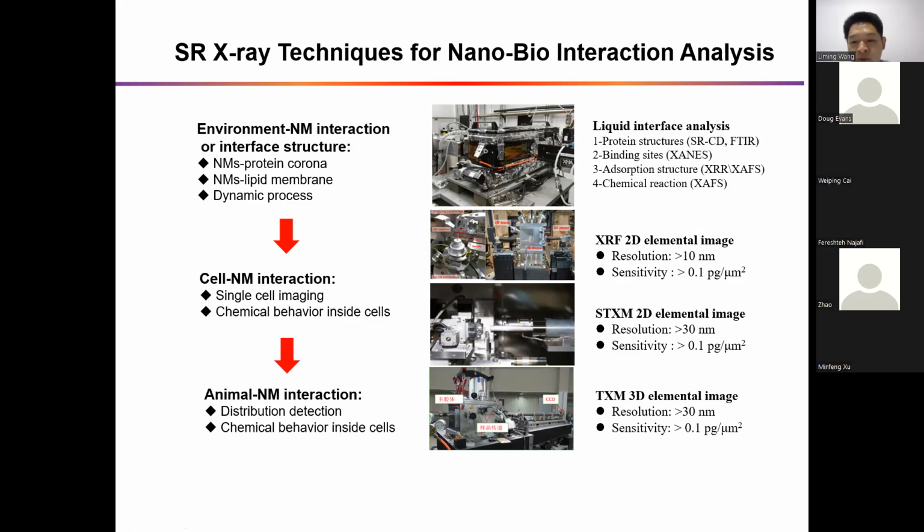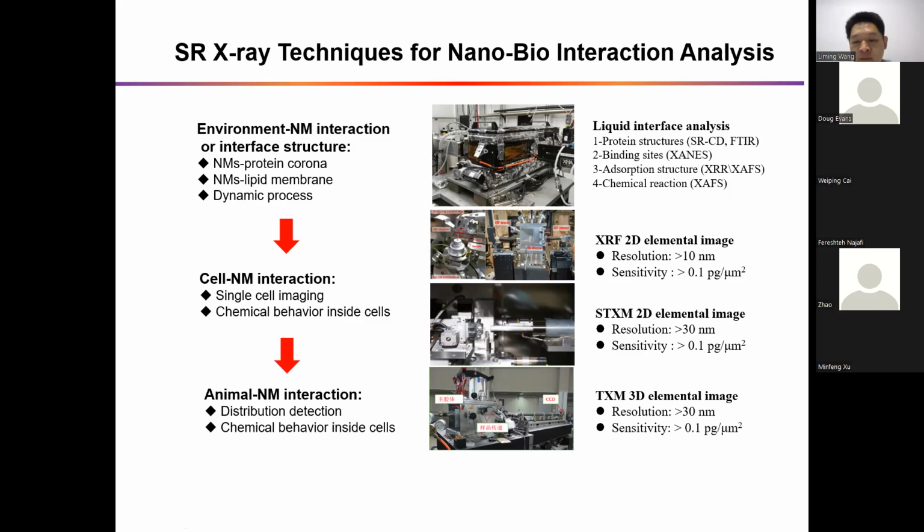Another is scanning transmission X-ray microscopy, which can also do 2D or 3D element imaging, with high resolution and high sensitivity. They can also detect the distribution of different elements with different chemical forms. For example, for iron valence 2 or valence 3, using these techniques we can see the different distributions of the two valences of iron inside our cells.